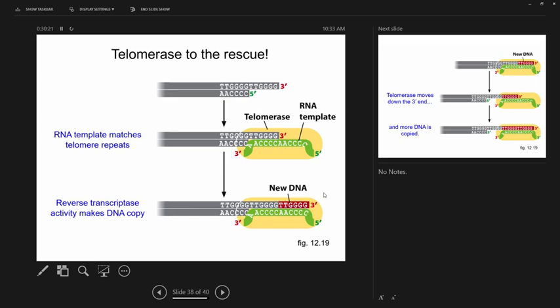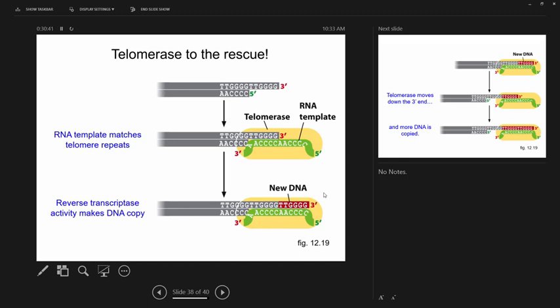So it's a polymerase that uses an RNA template and makes a DNA copy of it, like here. So in addition to the reverse transcriptase activity, telomerase also has a helicase activity.